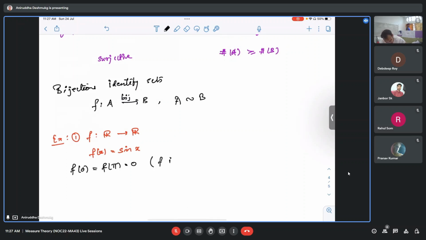So that means f is not injective. And we also have that f(x) is never 2, right? Since sin x is always between -1 and 1. So therefore, f is not surjective as well.